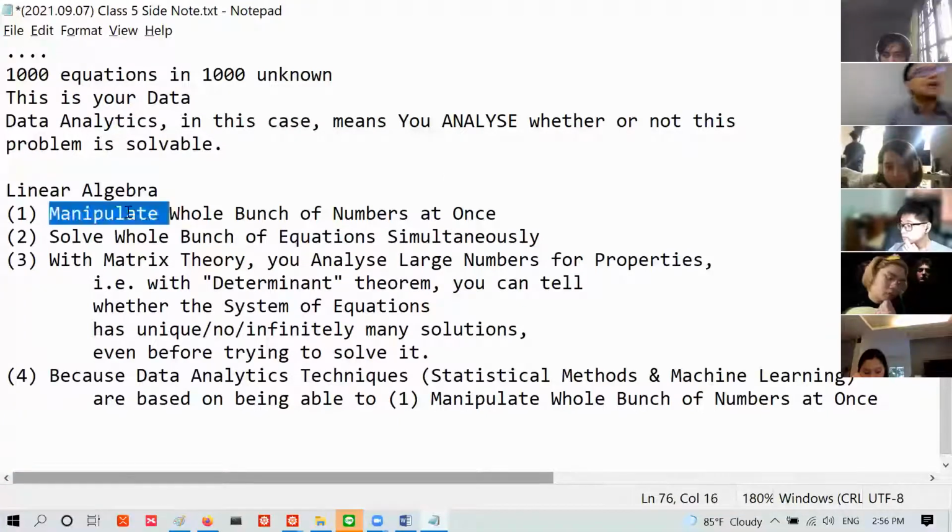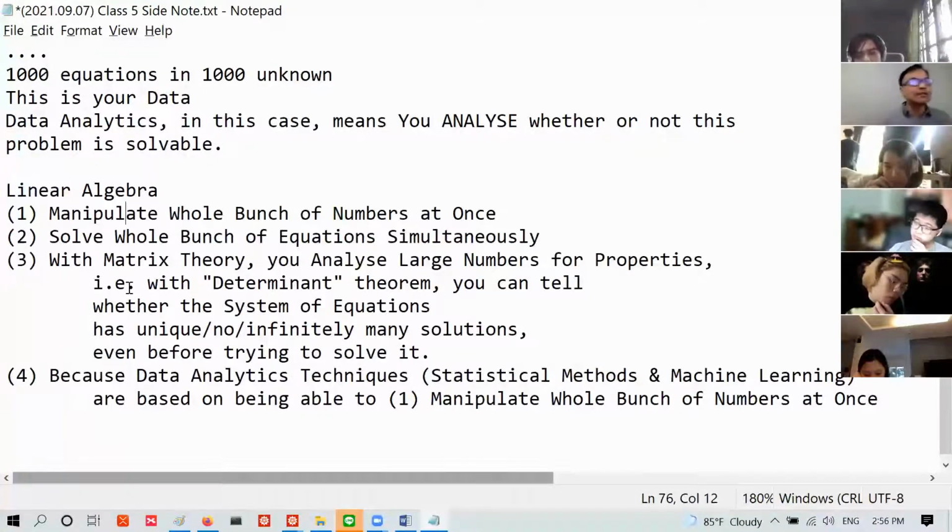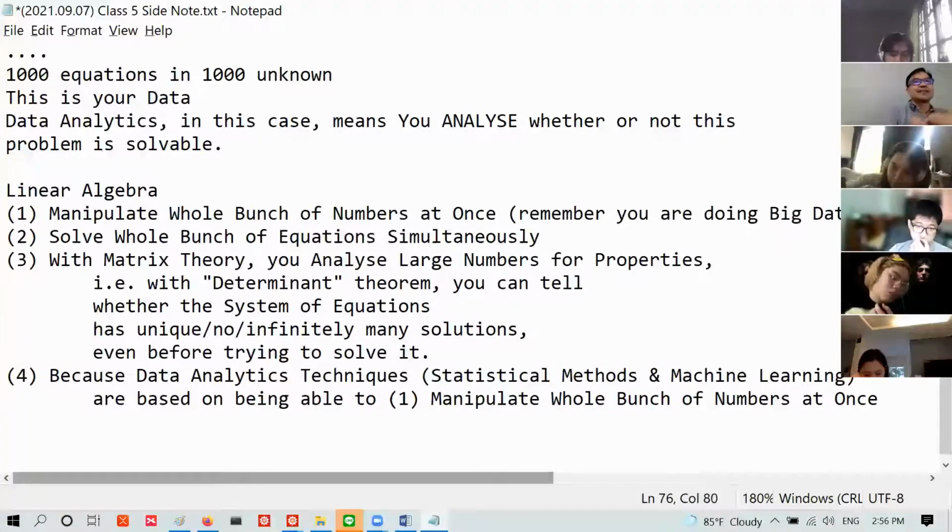You use linear algebra because basically you can think of it as a mathematical representation of your database. You manipulate a whole bunch of numbers at once. And remember, you are doing big data.